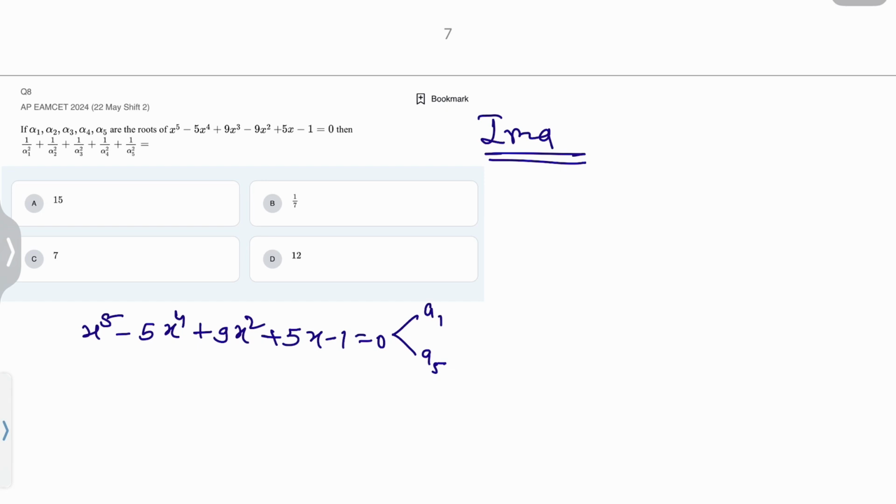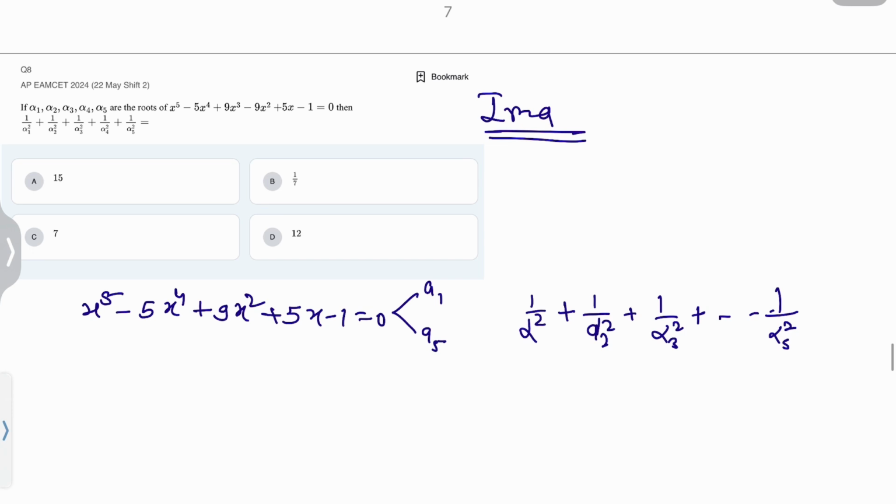And the question asks for 1 upon alpha 1 square plus 1 upon alpha 2 square plus 1 upon alpha 3 square, like this, up to 1 upon alpha 5 square.